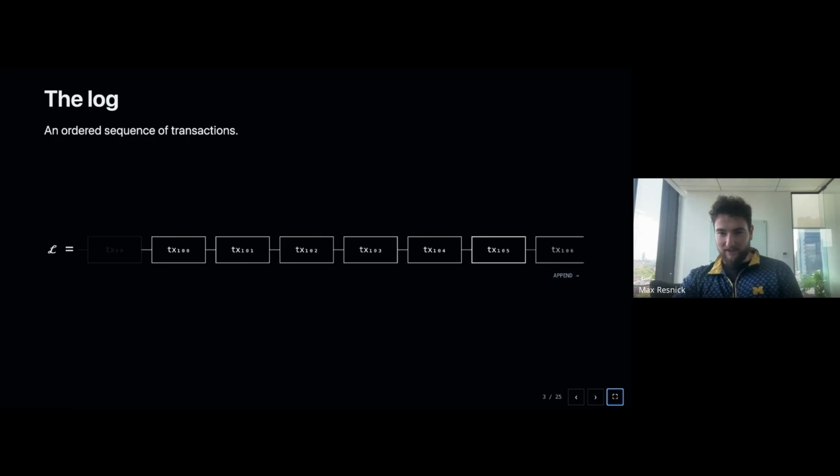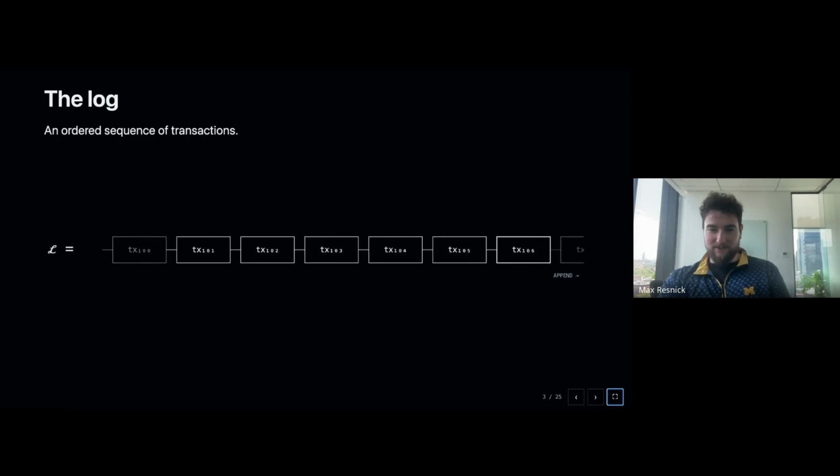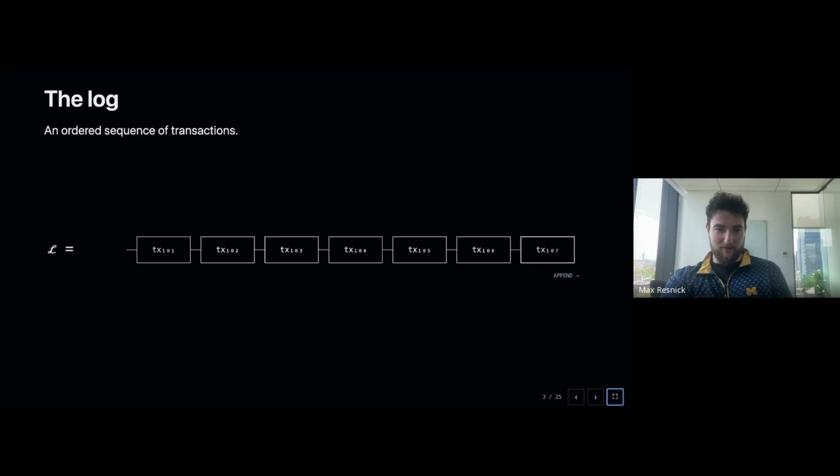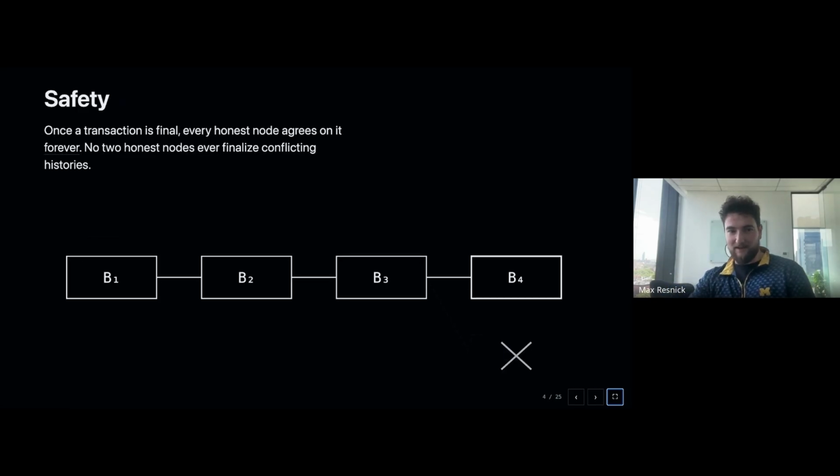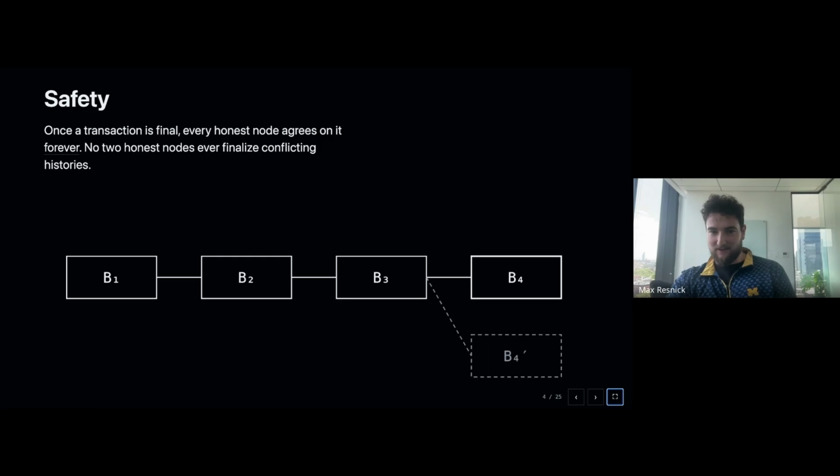And it's append only, and we're going to put some additional properties on it that you may have heard of before. One of them is safety, which means that once we add a transaction to the final log, there's never any conflicting finalization or forking or this kind of behavior that would be a violation of the append only property of the log.